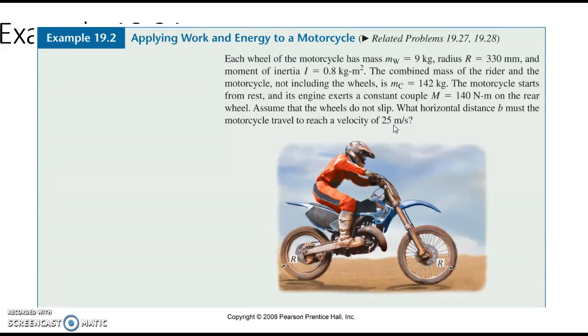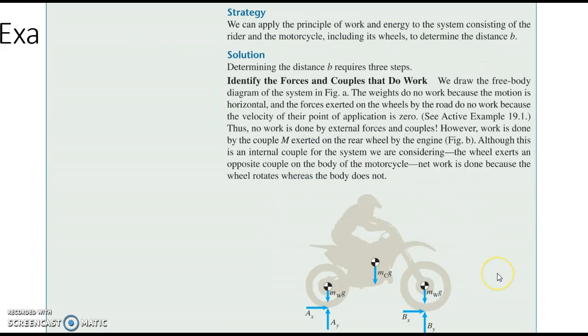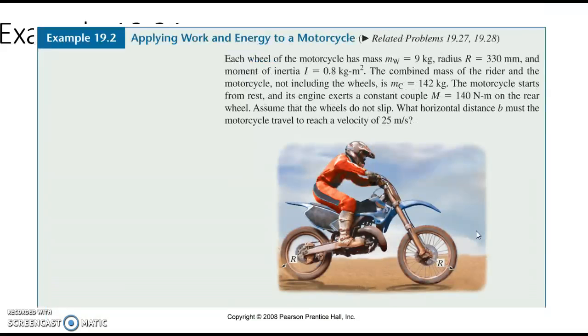So why would we want the energy approach here as opposed to the Newton's second law approach? Well, this problem is asking for distance and it gives you velocity, and you have some masses here and moments of inertia. The second law deals with force and acceleration.